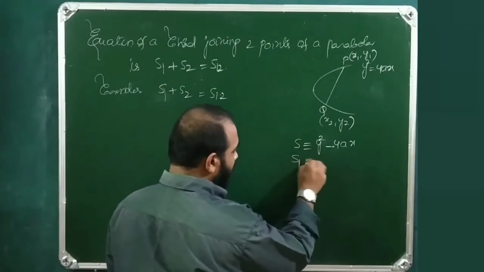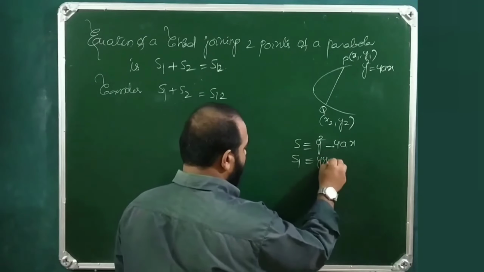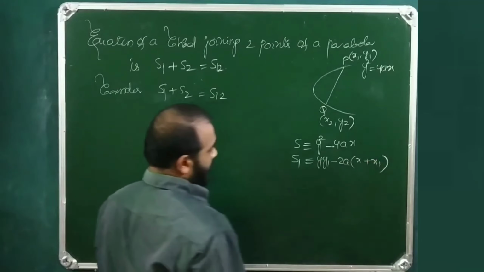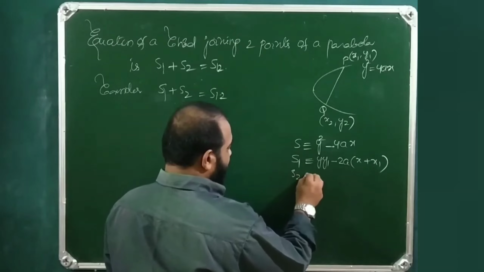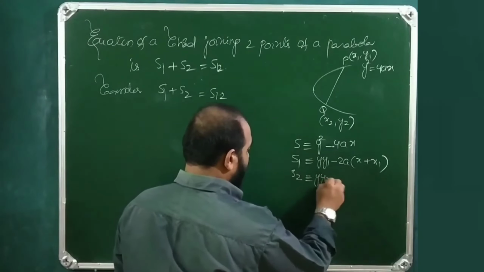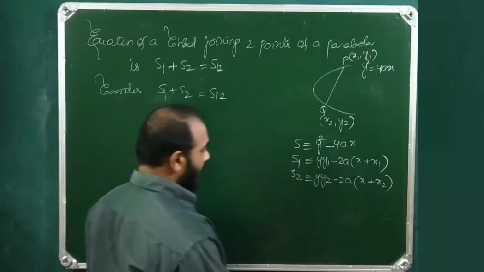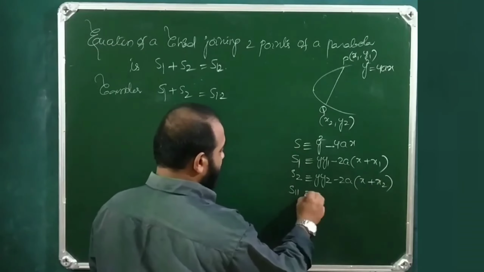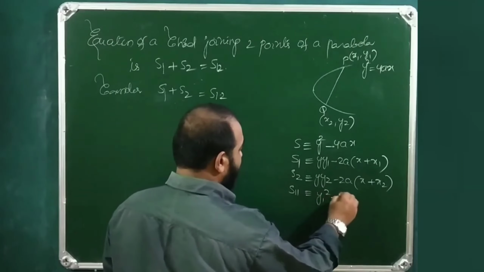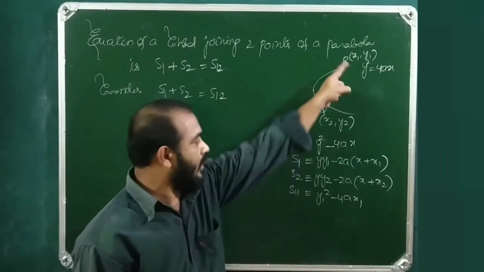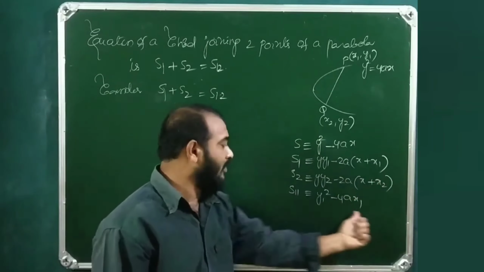S1 is y1 y minus 2a into (x plus x1). S2 is y2 y minus 2a into (x plus x2). S11 is y1 square minus 4a x1, simply substituting the point (x1, y1) in the parabola, then we will be getting this.